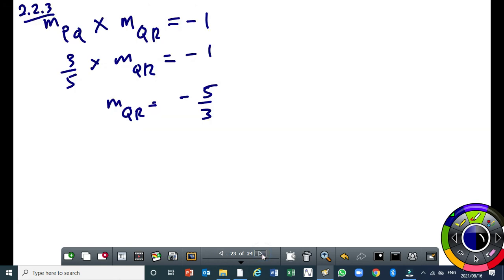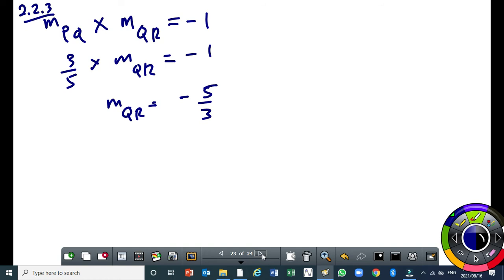It's very important for you to know that if two lines are perpendicular, the product of their gradients is minus 1. One of the two lines has a negative gradient, the other one a positive gradient, always, for the product to be negative 1. And the two answers must be negative reciprocals of each other.